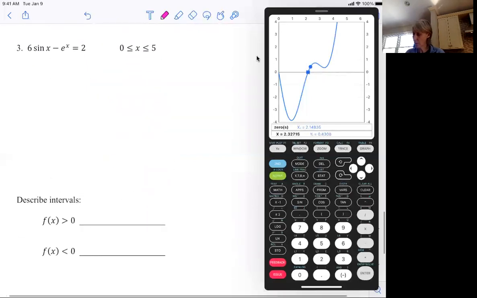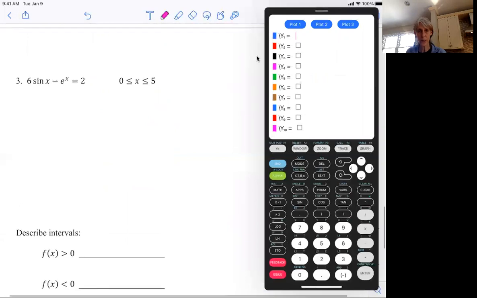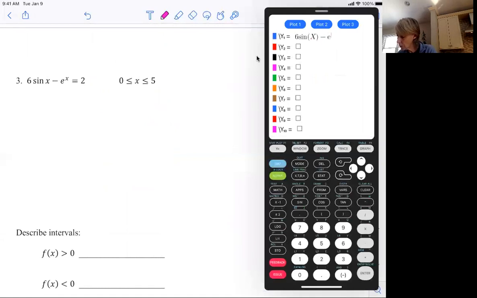Let's try one more example. I know this is very repetitive. I should just let you do this one on your own and see if you get the same answer as me. 6 sine x minus e to the x. I forgot to look carefully.